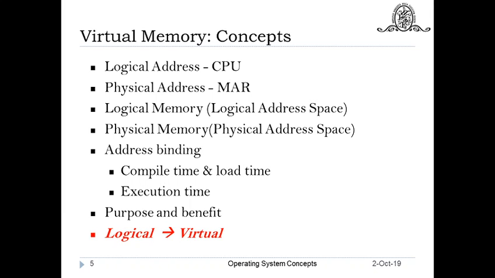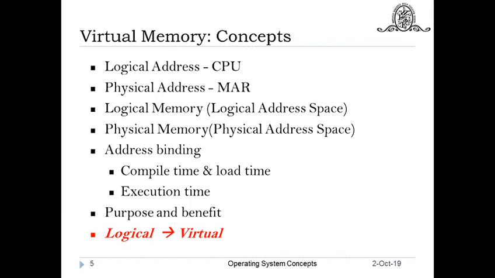Whereas the memory address register stores the address of physical memory and that address is called physical address. Whenever any process is loaded into the physical memory, that is our main memory, the address assigned is called physical address, and collectively it is called physical memory or physical address space.